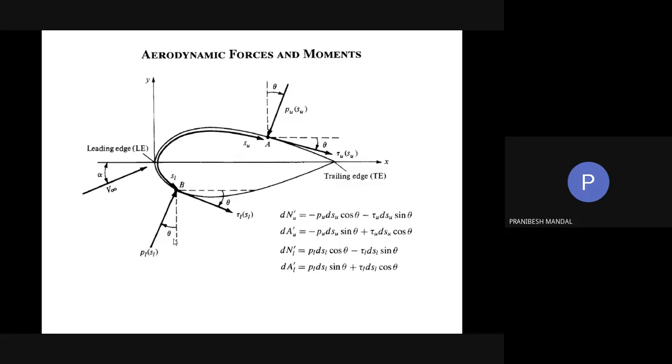But you guys please have a look at the equations. I don't think those equations are required to be repeated because those are typically resolved in x and y direction. In x direction, the force is axial force A, and in y direction, it is normal force N. Anybody having any problem with the equations?